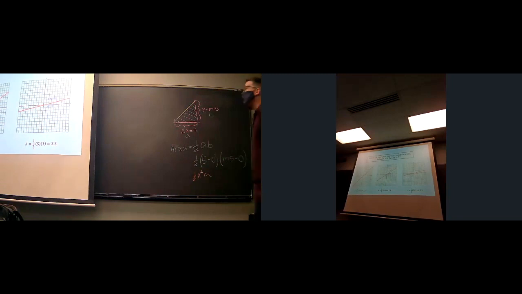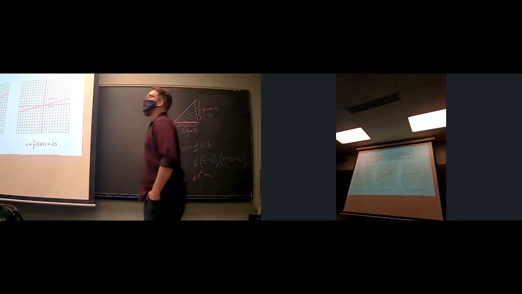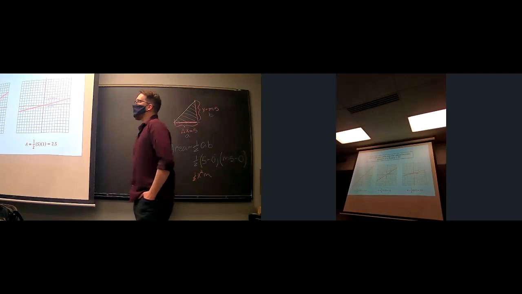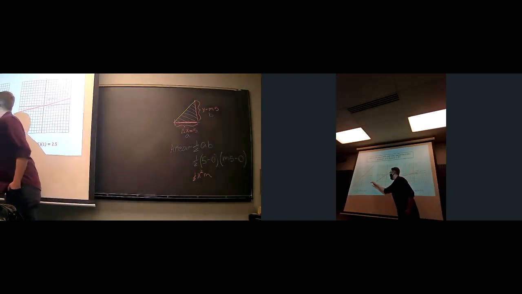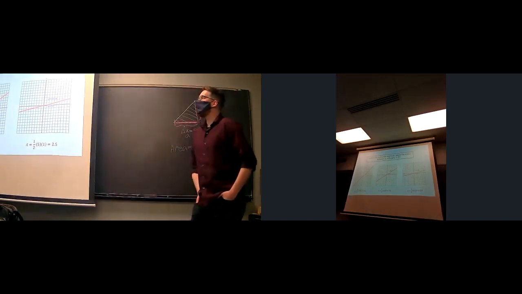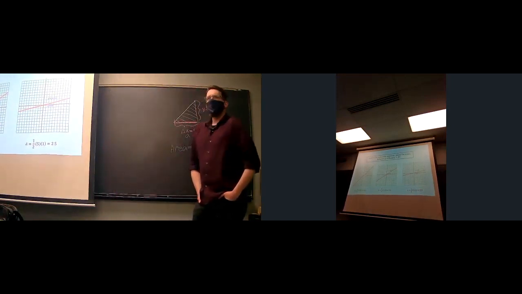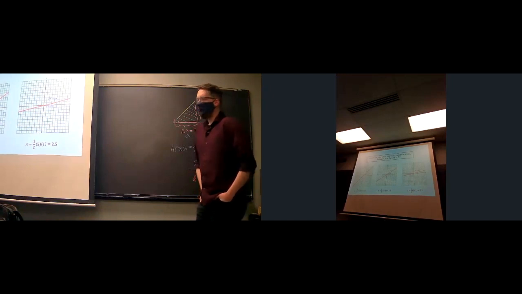So it seems like what we're hinting at might be that the derivative is somehow related to the area underneath the curve. Smaller derivative implied smaller curve, smaller area. So there might be some sort of a relationship going on here, right?